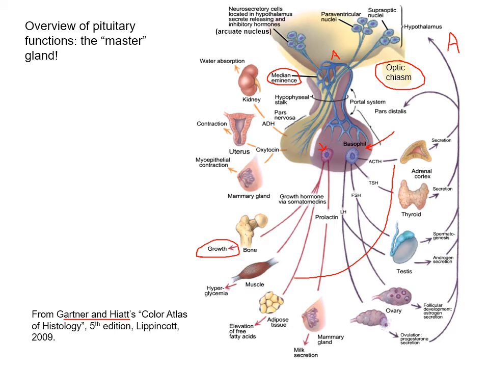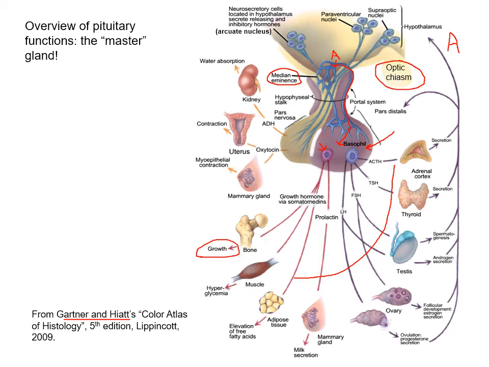Depending on the levels of those hormones, the arcuate nucleus releases releasing or inhibiting hormones into the bloodstream, which is then brought down by a portal vein here and then released down to the acidophils and basophils to tell them to inhibit or release their hormones. So that's how that works.